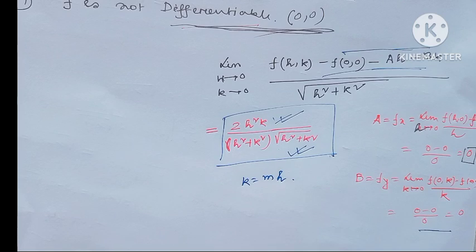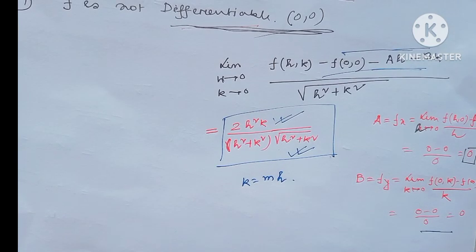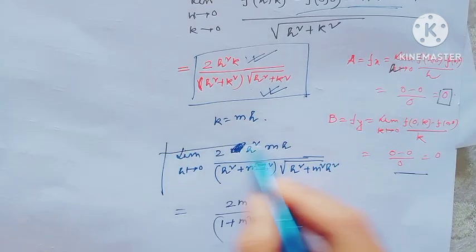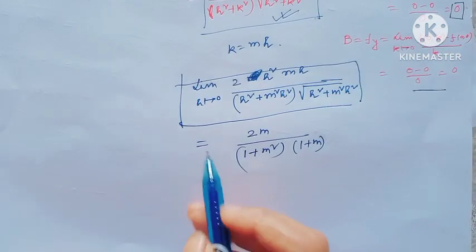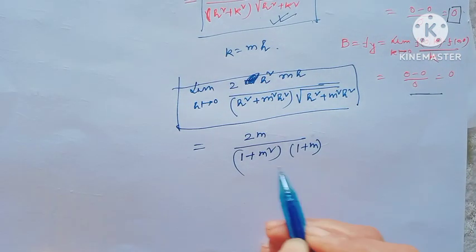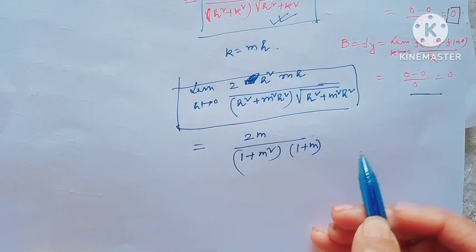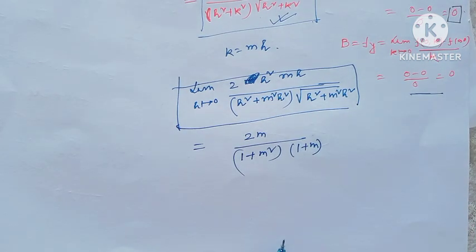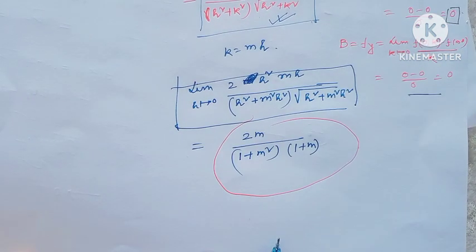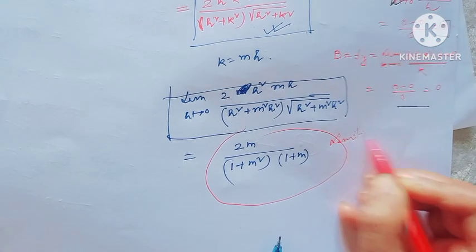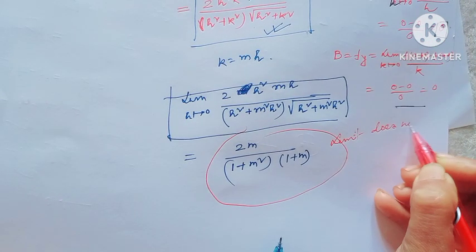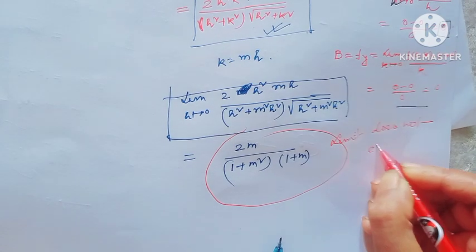If you put k equal to mh, then after cancelling, this is equal to 2m divided by (1 plus m squared) times the square root of (1 plus m squared). For different values of m, I will get different results. So the limit does not exist. Since the limit does not exist, the function is not differentiable at the point (0,0).